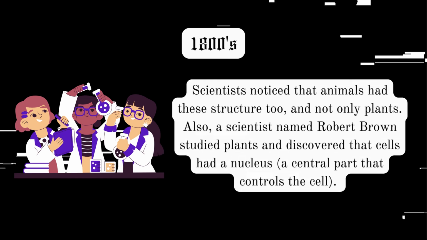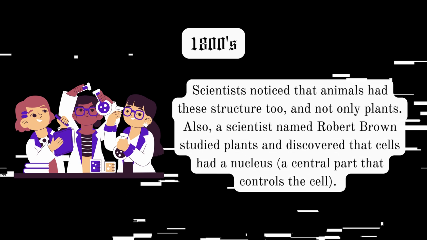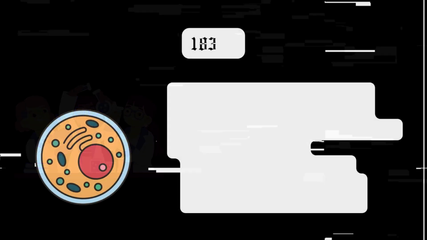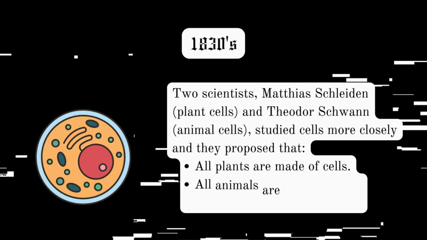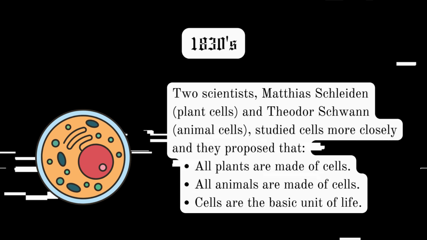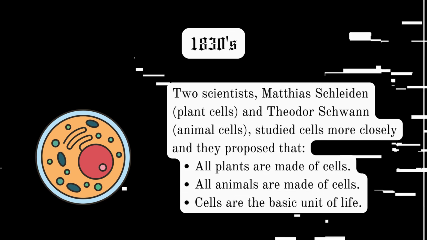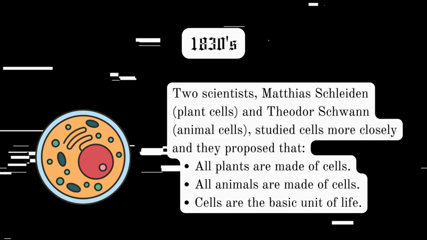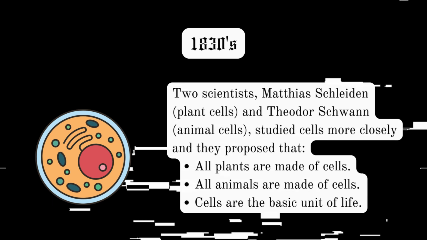Also, a scientist named Robert Brown studied plants and discovered that cells had a nucleus, which is a central part that controls the cell. Now moving forward into the 1830s, two scientists, Matthias Schleiden and Theodor Schwann, studied these cells closely and proposed that all plants are made up of cells and all animals are made up of cells, and also that cells are the basic unit of life.